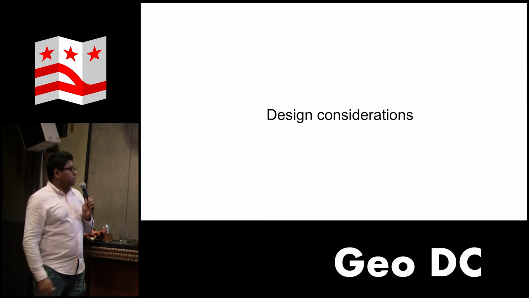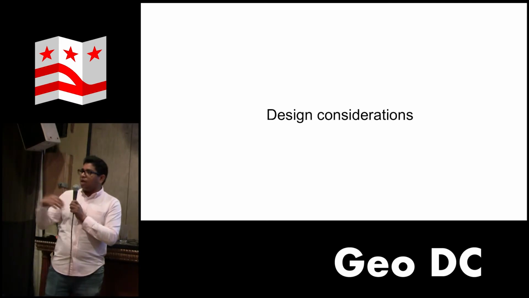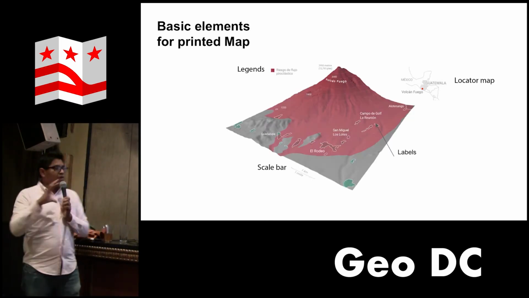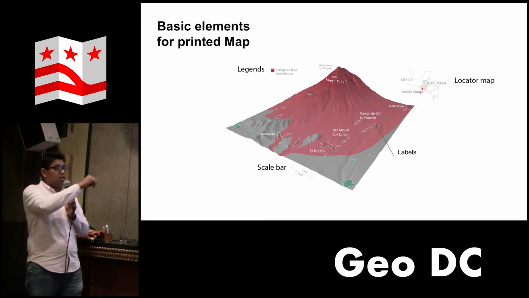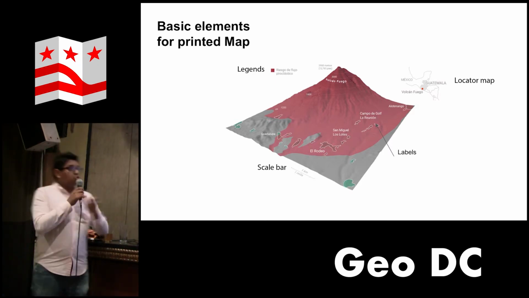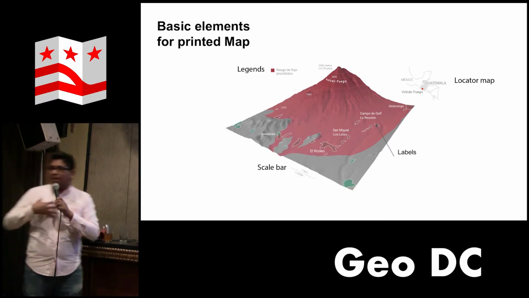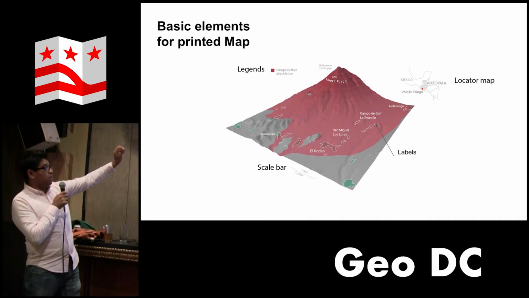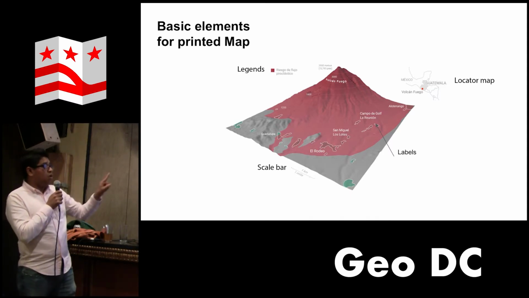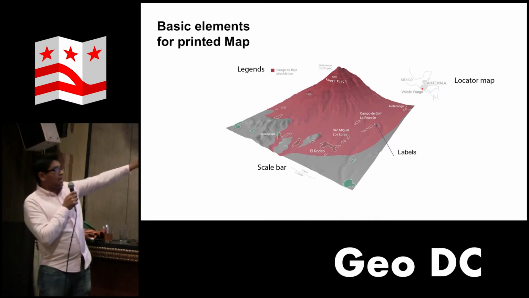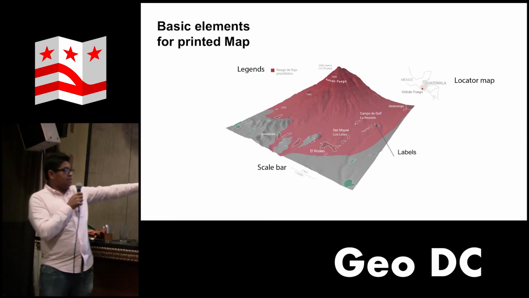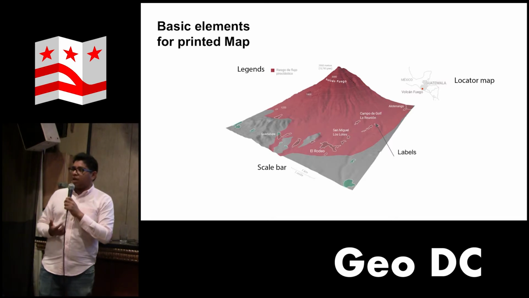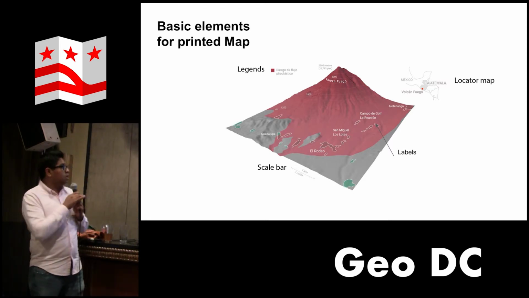The next please. So after we played with the 3D maps, we took a screenshot and imported it into Illustrator. Some basic elements, in my case, maybe some of you have more, but we identified 4 basic elements: the legends, the locator maps, the sky bar, and labels over the map to be more specific and explain the story better.